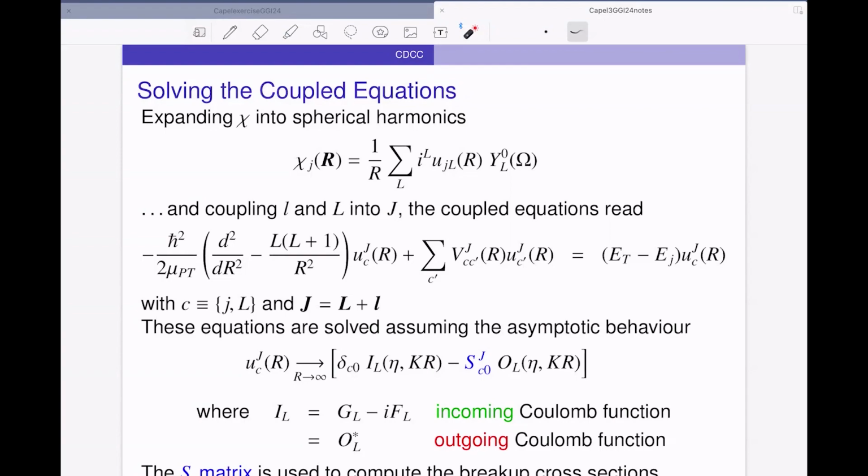Here you really have a matrix, because you have these different channels, so you can couple different channels. So you really get an S matrix in your calculation.